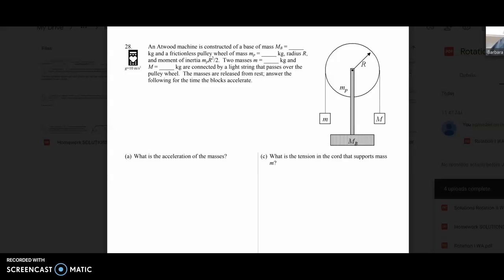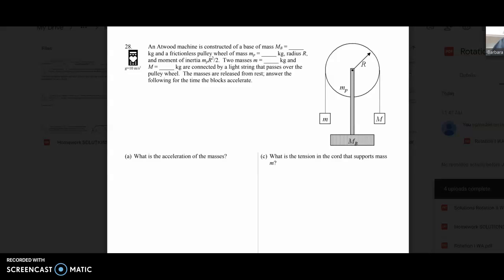Now you need to consider the acceleration of the masses. I would say R cross F equals I alpha. F is going to be left, so R cross F equals I alpha. R cross F is tension, but it's the net tension. So tension left minus tension right equals tension net.